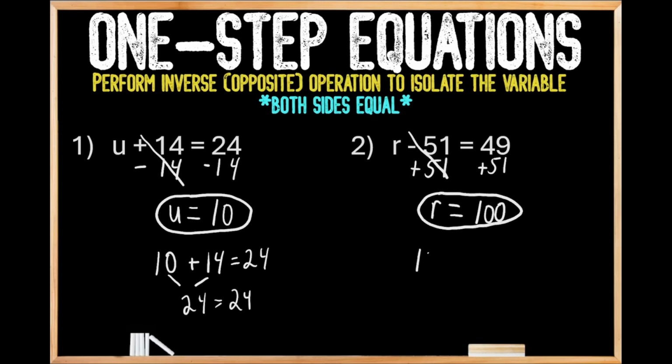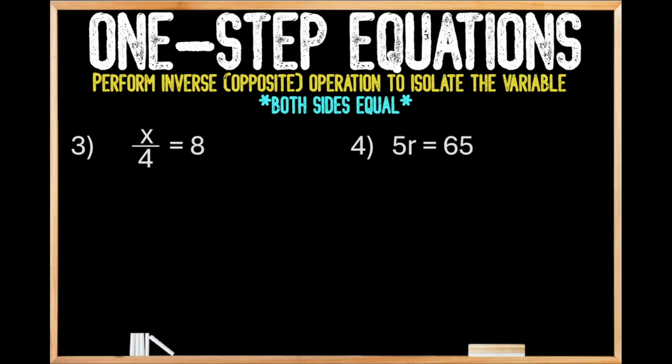So we have 100 minus 51 equals 49. And when we subtract 51 from 100, we get 49. And since both sides of this equation are equal, it means that we have the correct answer. R is equal to 100.